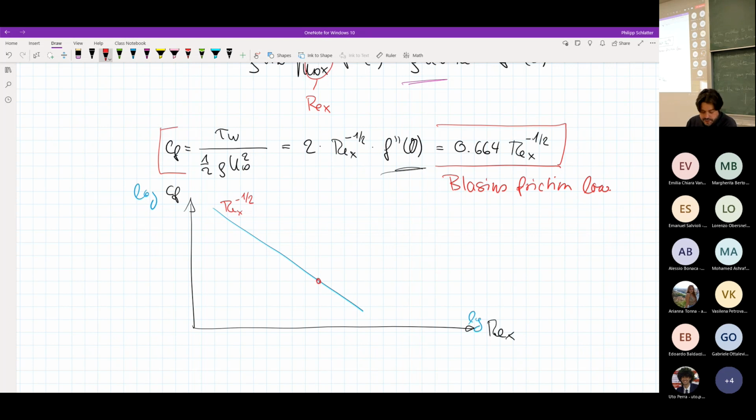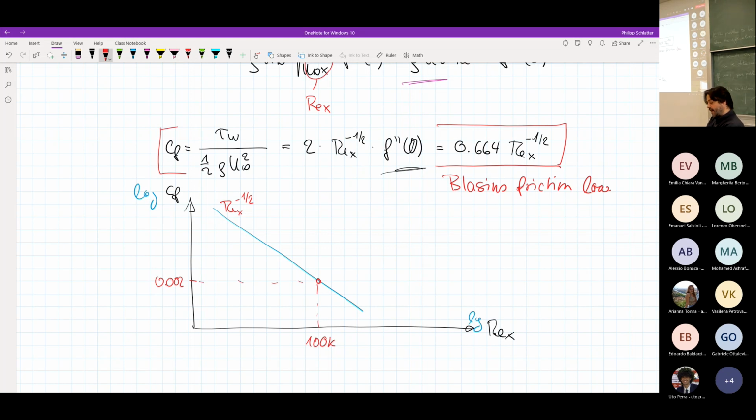Just to give you some numbers here as well: if this is 100,000, then the corresponding friction would be 0.002, something like that, just to give you one value on this line.